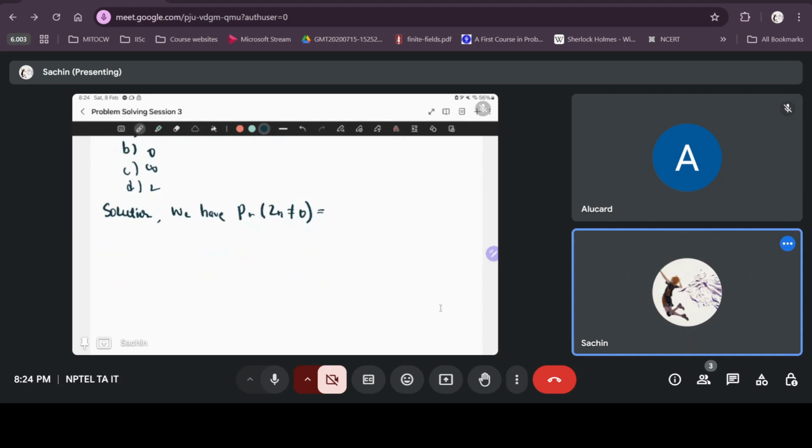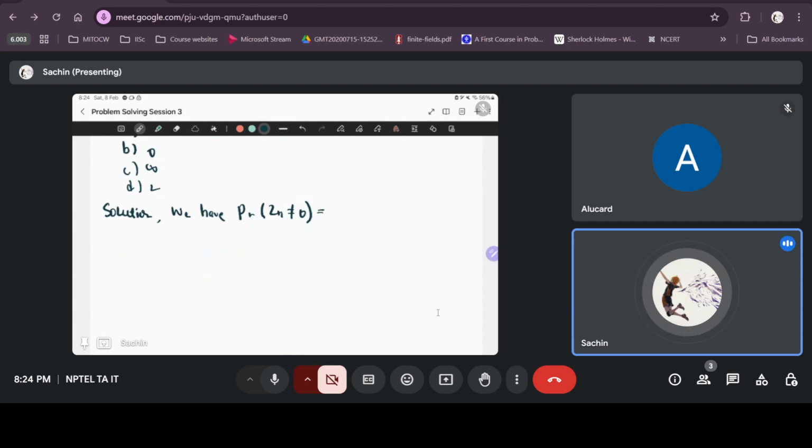So to find the entropy H of Zn, we must first know what are the values that Zn can take, and then the probability that Zn takes those values.